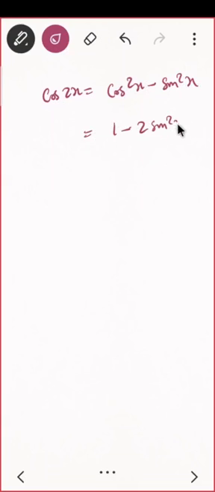See, what is the formula of cos 2x? The first formula is cos square x minus sin square x, correct? The second formula is 1 minus 2 sin square x. And the third formula is 2 cos square x minus 1. Which formula should I use?